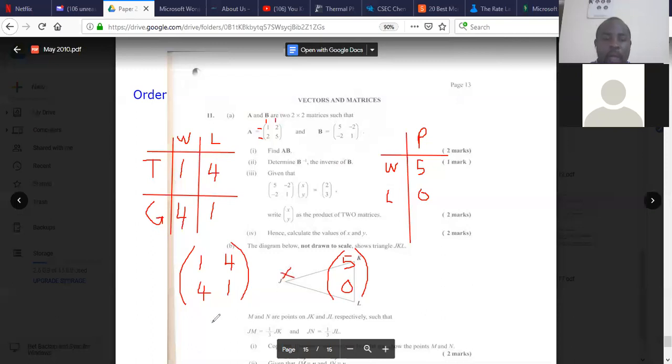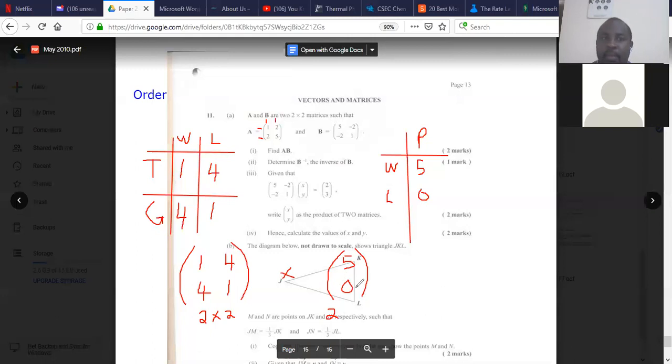So we say this matrix is a 2 by 2. And what's the order of this other matrix over here? 2 rows, 1 column.